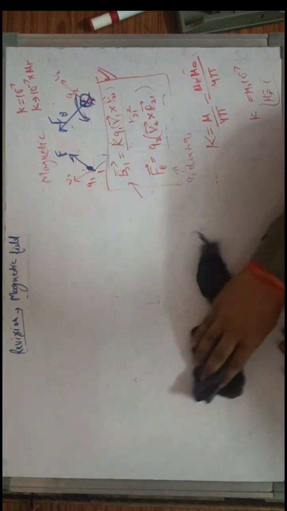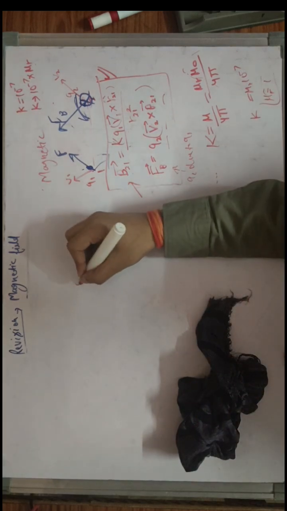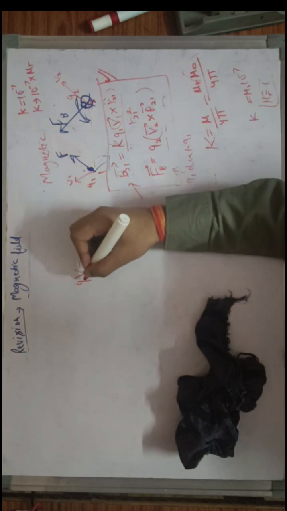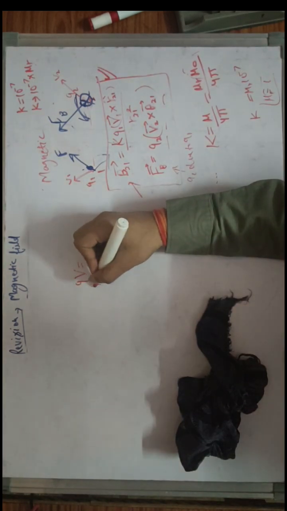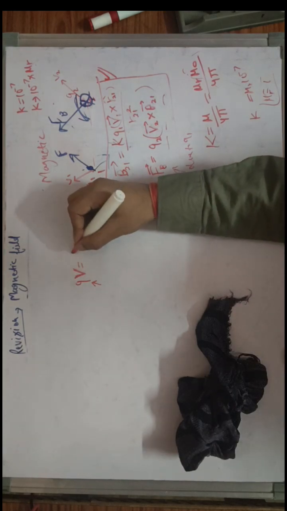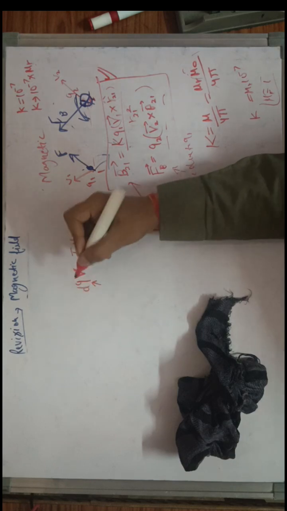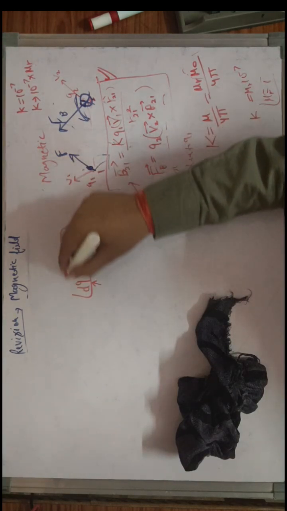And there is a simple way of conversion. Let's say some dq charge is flowing with some velocity v, then this can be written as I into dl.